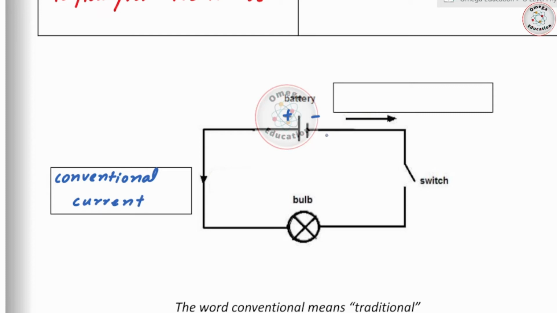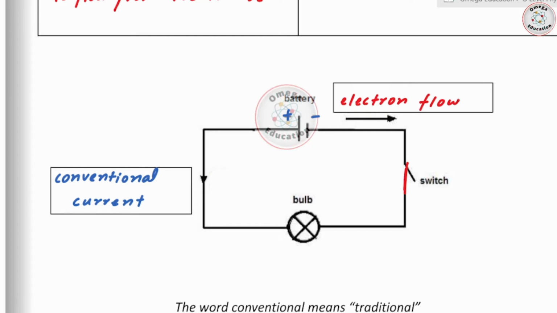But at the same time, if I consider the direction of current from the negative towards the positive, once I have closed the switch, that direction of current would be called electron flow, also called electronic current.